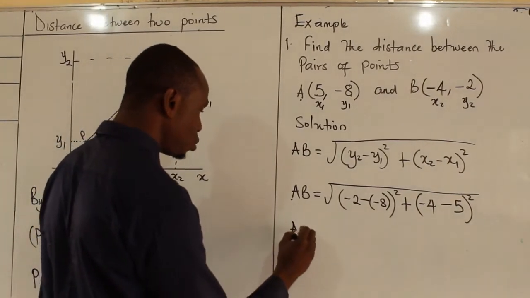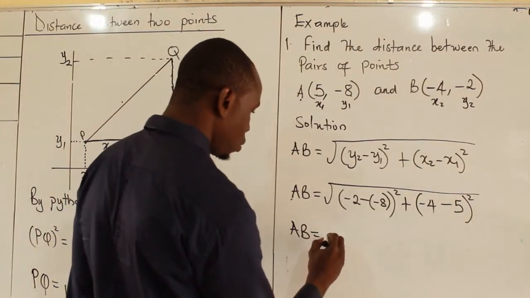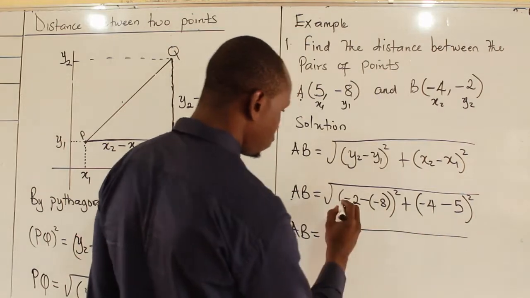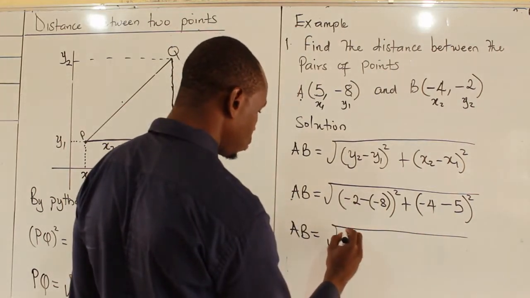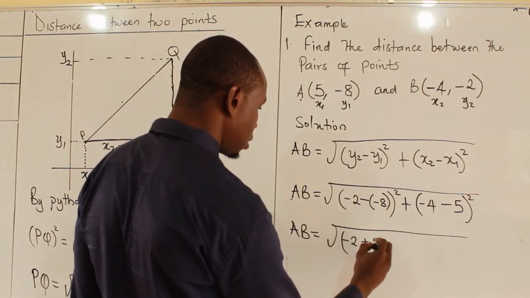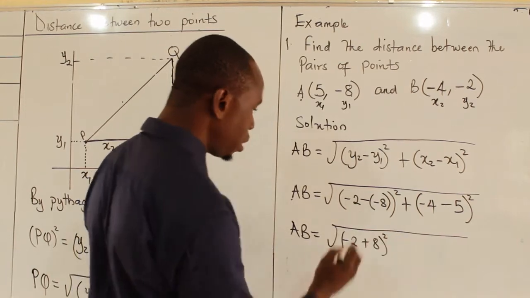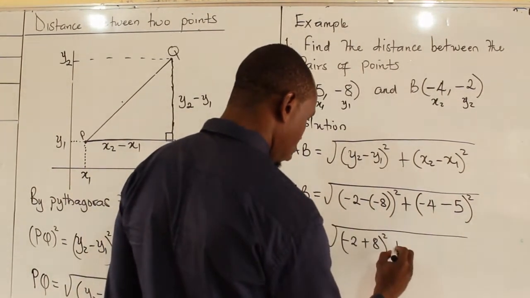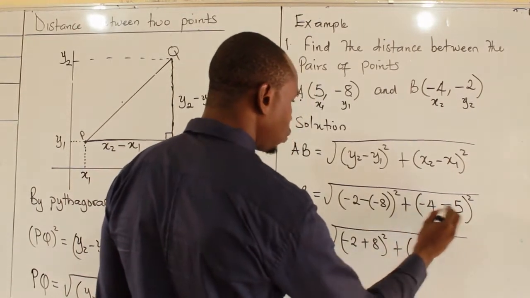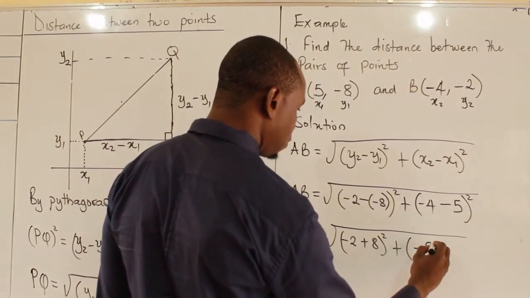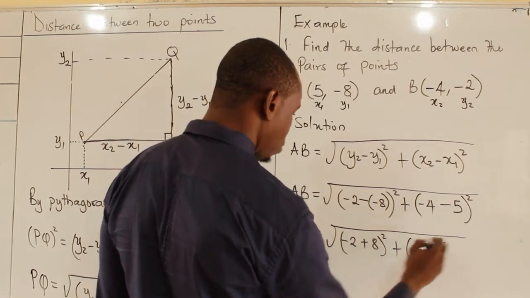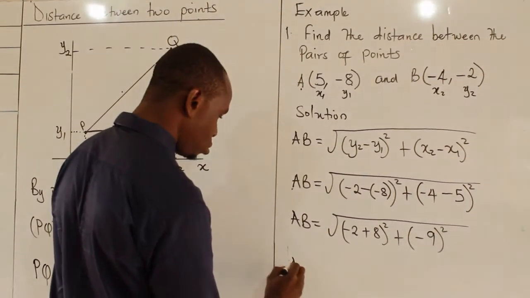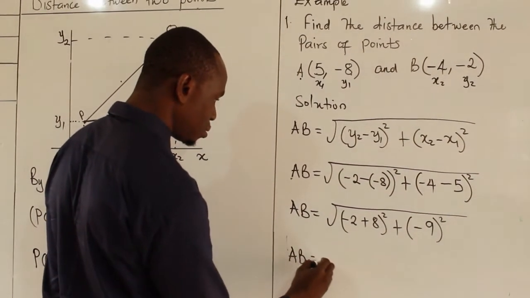So it continues. AB is square root of minus 2 plus 8 squared, knowing that minus times minus is a plus, plus minus 4 minus 5 gives minus 9 squared. So it's a continuation of the process.